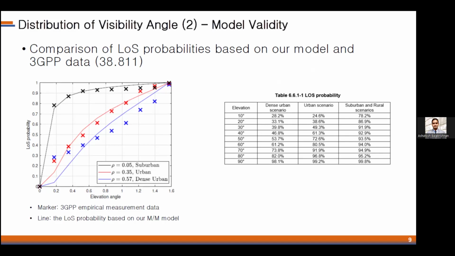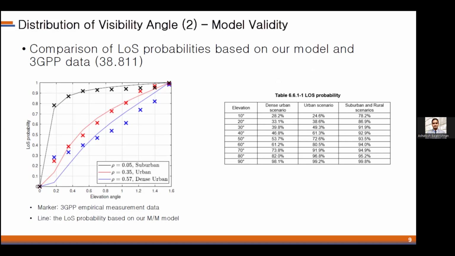Fortunately, for this case, I found data in the 3GPP technical report, which gives the LOS probability with respect to the elevation angle in three scenarios: dense urban, suburban, and rural.